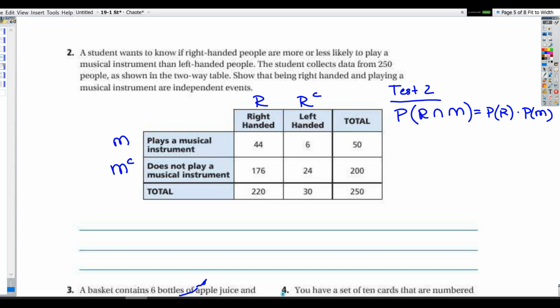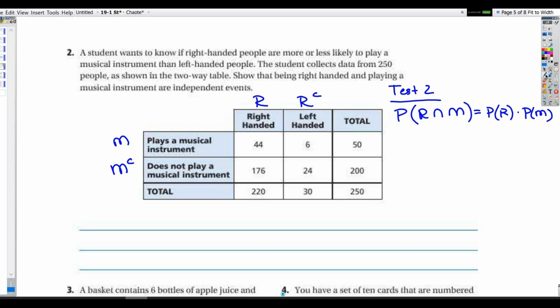Okay, so what's the probability to be right-handed and to play a musical instrument in our population here? 44 over 250. The probability in our little population here to be both right-handed and to play a musical instrument. Not given that they play a musical instrument.